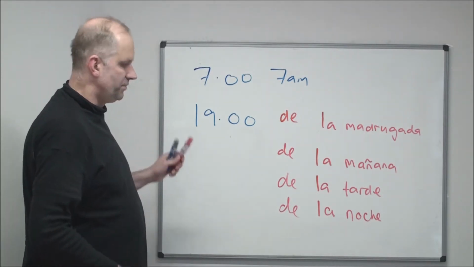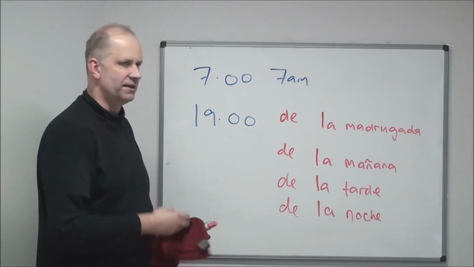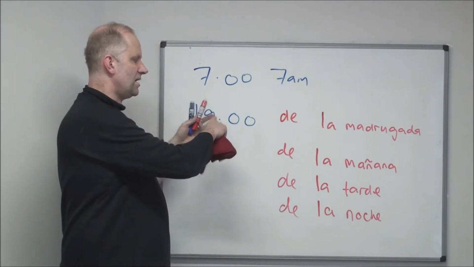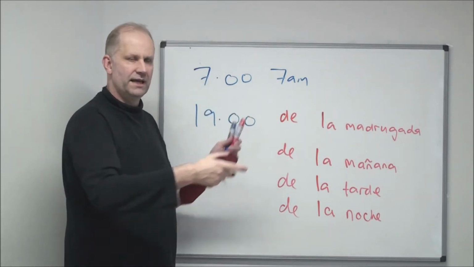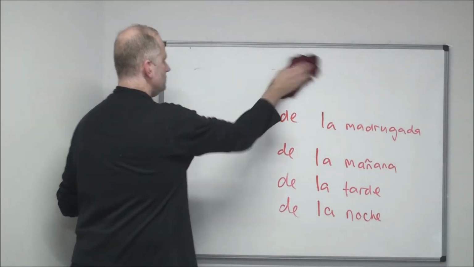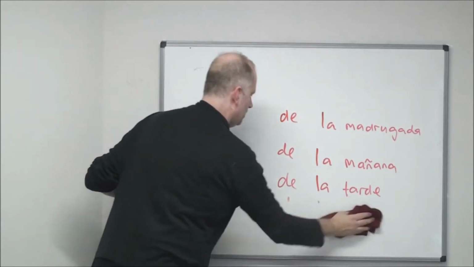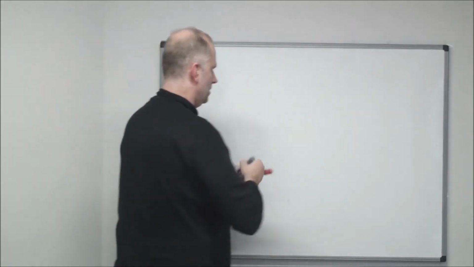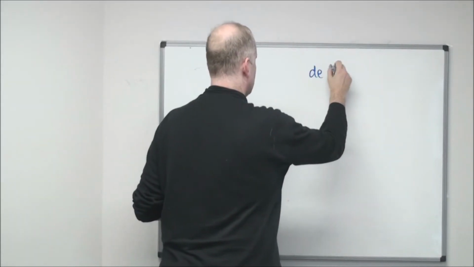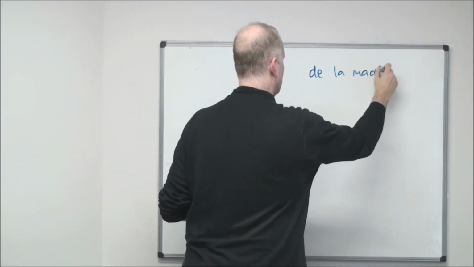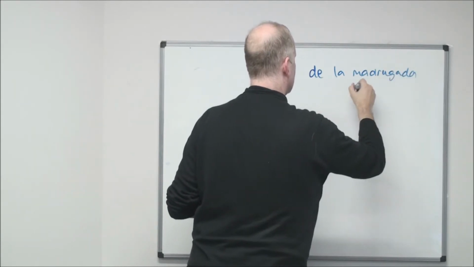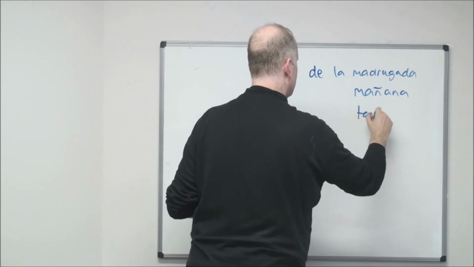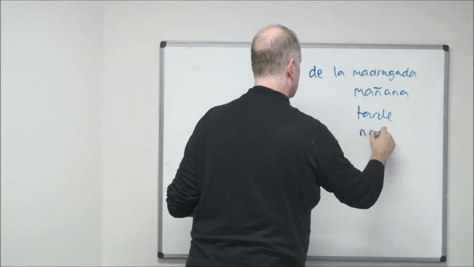So what we're going to do now is put up some times. I'll keep it simple. I'll have it dead on the hour, because the main focus is not so much the time, but saying what time of day it is. I'll write those again: de la madrugada, de la mañana, de la tarde, de la noche.